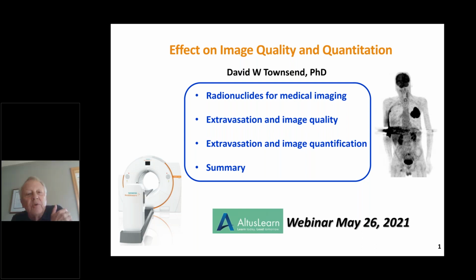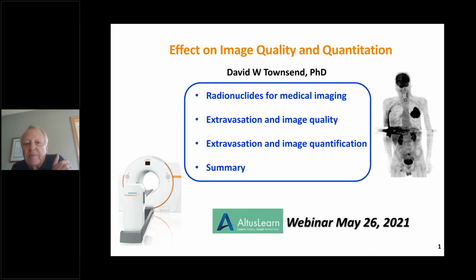My focus will be more on the physics of the imaging and the effects of extravasation on that image quality. I'll also spend a few minutes talking about image quantification, because we're interested not only in making diagnostic quality images, but also in extracting quantitative information from those images. And then I'll finish with a little summary of the points I want to make.